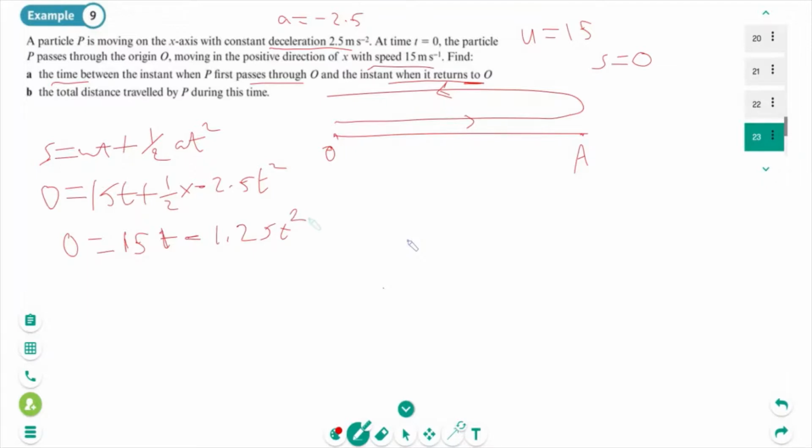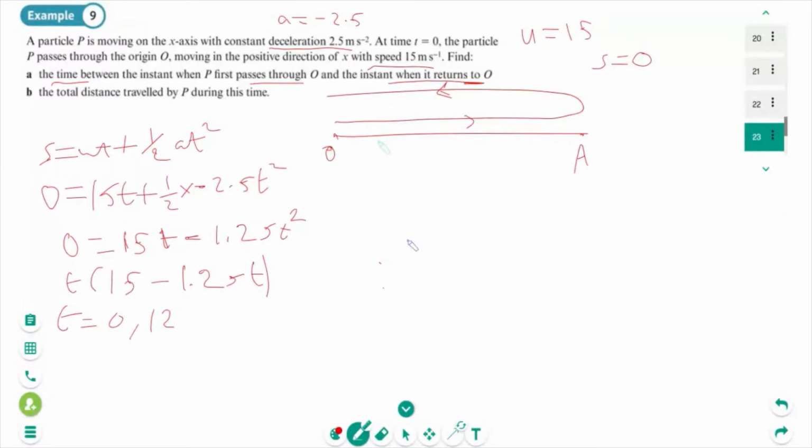Okay, so solve that equation. So you get t equals 0 and 12. t equals 0 corresponds to the starting position.